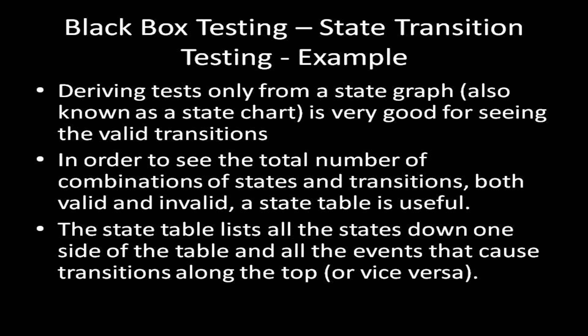The state table lists all the states down one side of the table, and all the events that cause transitions along the top, or vice versa. Each cell then represents a state event pair. The content of each cell indicates which state the system will move to when the corresponding event occurs while in the associated state. This will include possible erroneous events, events that are not expected to happen in certain states. These are negative test conditions.